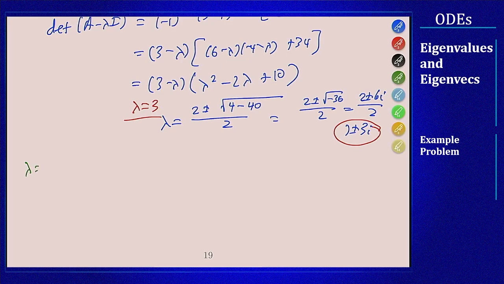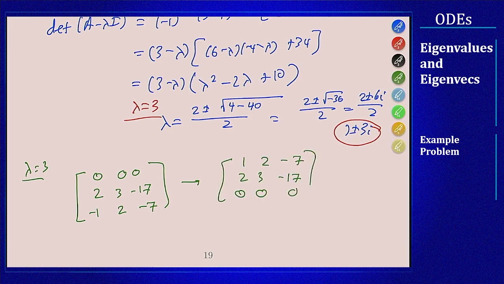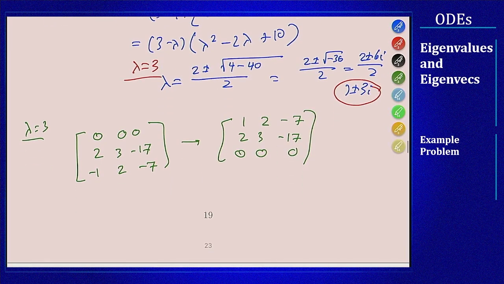For lambda equals 3, we subtract 3 off the diagonal, giving us the following matrix: 0, 0, 0, 2, 3, minus 17, negative 1, 2, minus 7. We want to row reduce this, so let's swap the bottom row to the top and divide it by negative 1. Then we can do row 2 minus 2 row 1 to cancel out that 2 in the first spot.